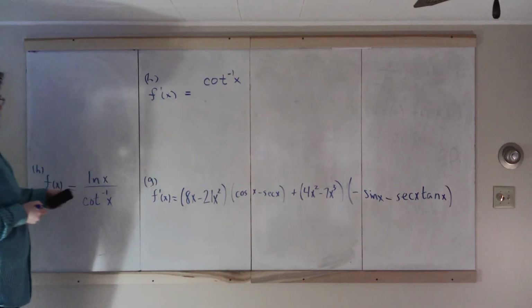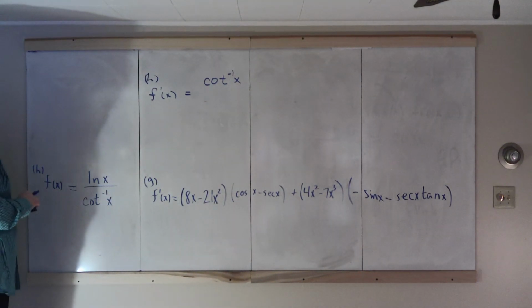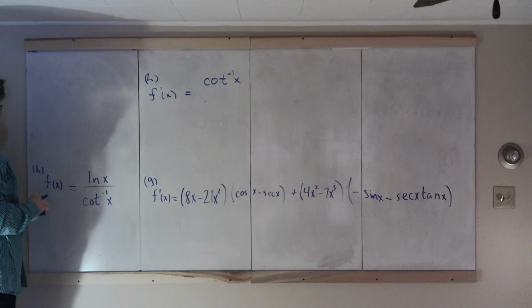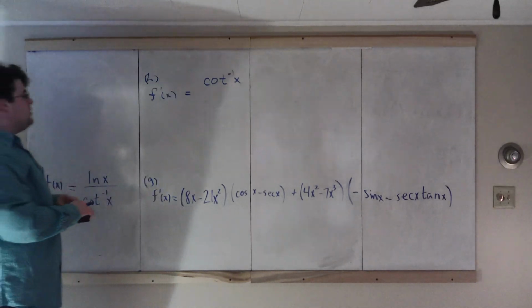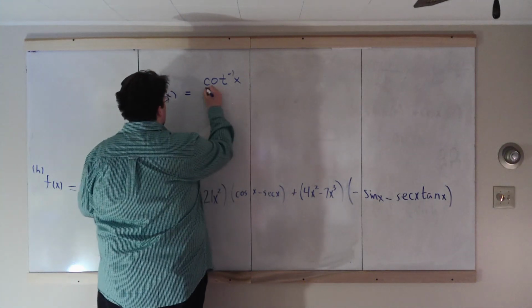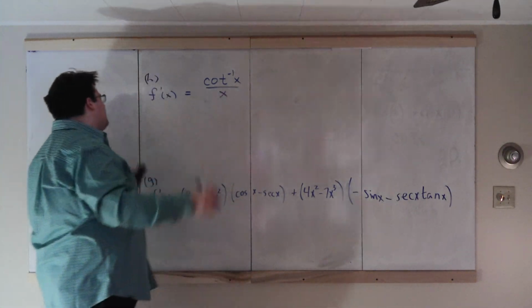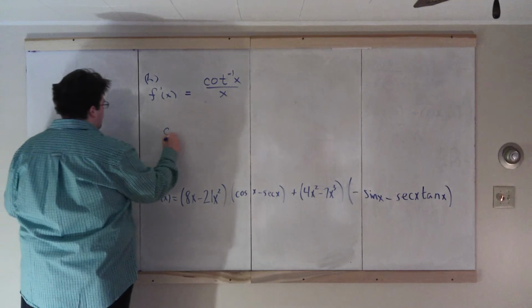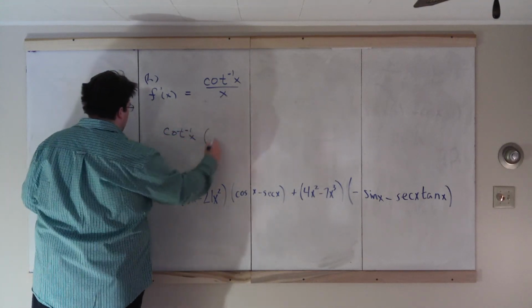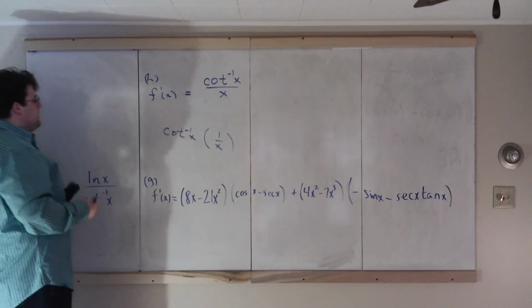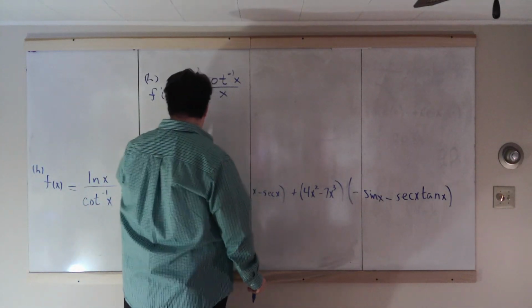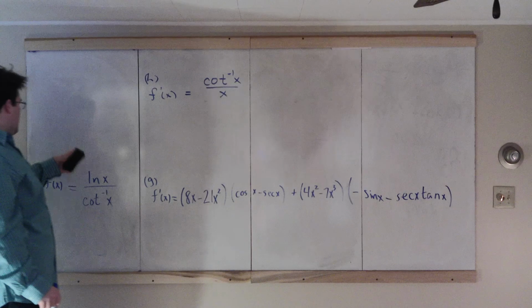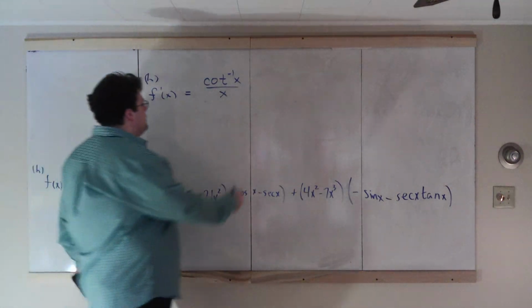Derivative of the top, well, rule 2 on page 2 of the derivative document says derivative of natural log x is 1 over x. I'm just going to write that like this. You could write it times 1 over x, like that if you want. I'm just going to write it as the one fraction. It's less writing.